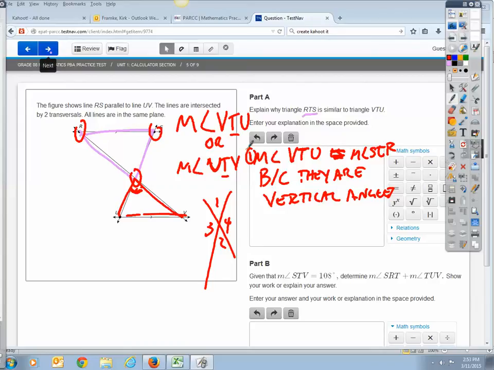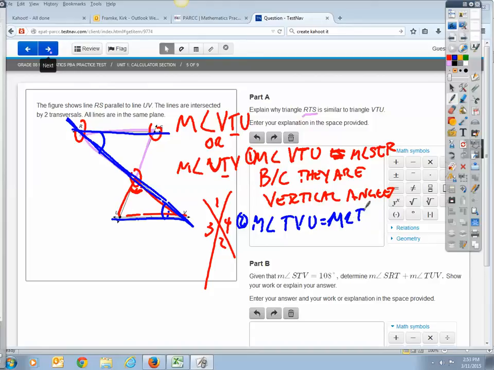Second, there is a very well-known rule in geometry saying that when you have two parallel lines cut by a transversal, that's what this is called, a transversal, alternate interior angles are congruent. See how one's below and one's above. So I can say the measure of angle TVU is equal to the measure of angle TRS because they are alternate interior angles.